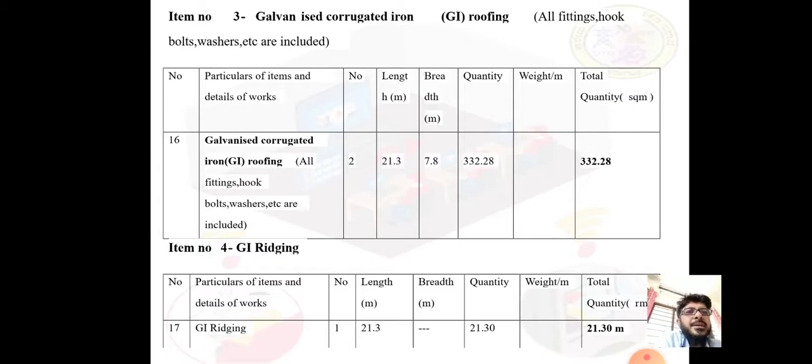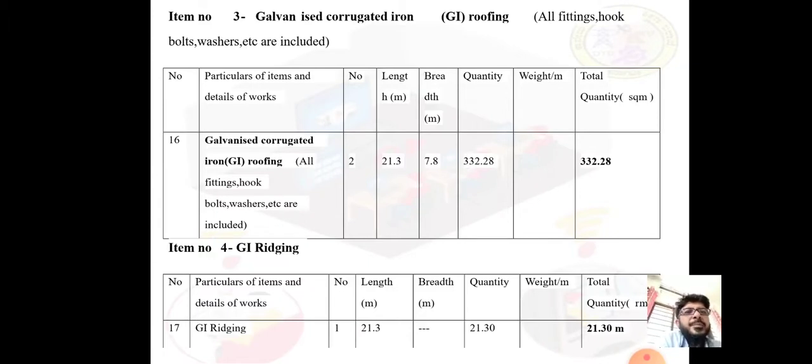Now come to the third item. It's very simple, that is galvanized corrugated iron GI sheet. Here all fittings, hooks, bolts, washers, etc. are included. So here we just have to find the total area of the roofing.